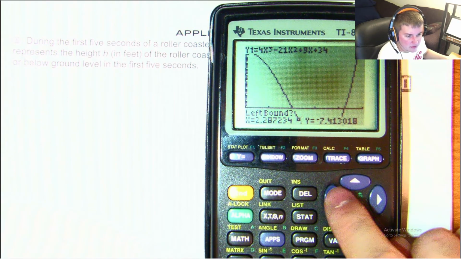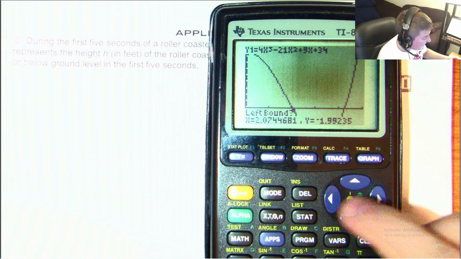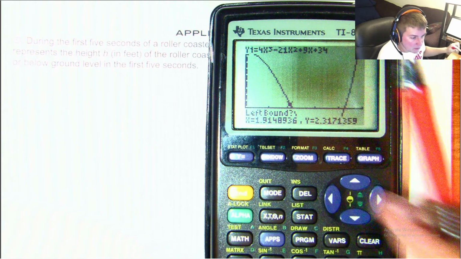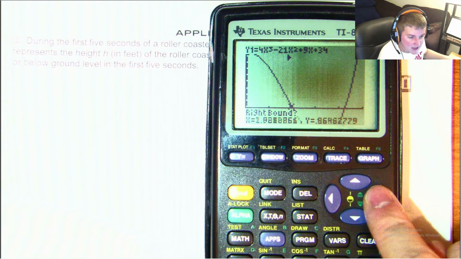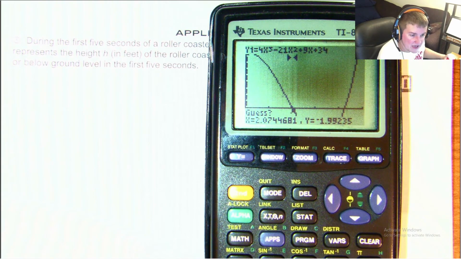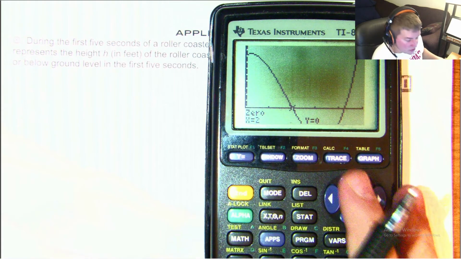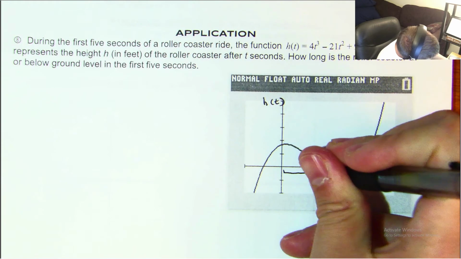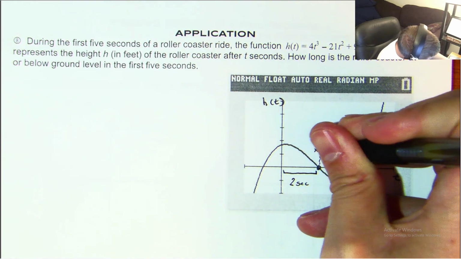We're still in the negatives, as you can see in the y values, so I'm not to the left of this point yet. Okay, now we're positive, so I'm going to hit enter. Now I have to get to the right of that spot, which I am now. Hit enter again, and then enter one more time for it to guess. Okay, after 2 seconds. So right here to here is 2 seconds. So this is x is 2.